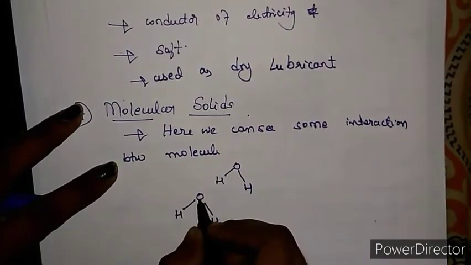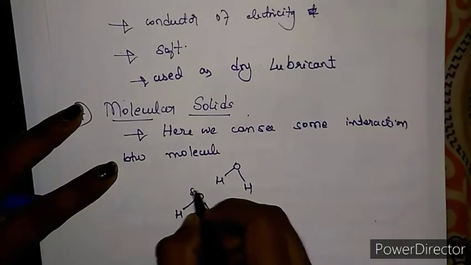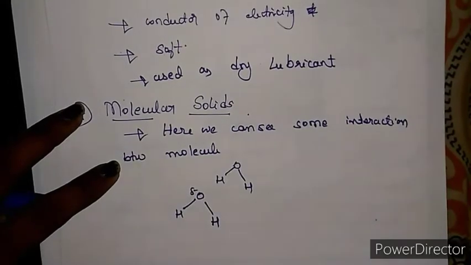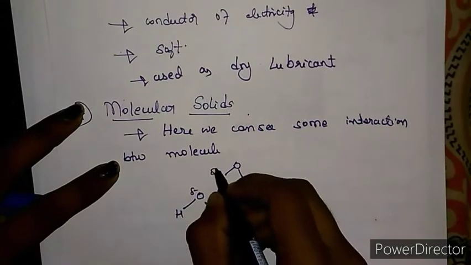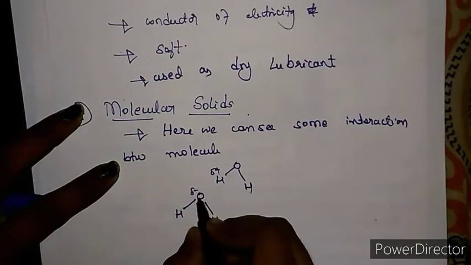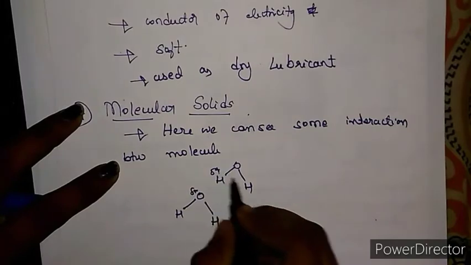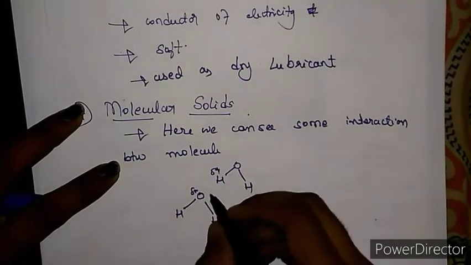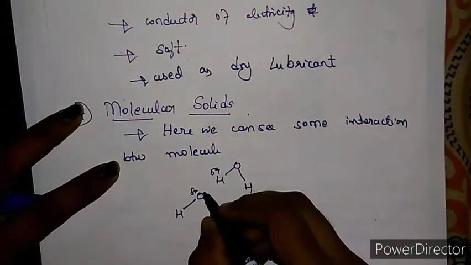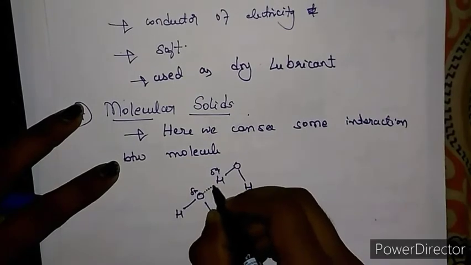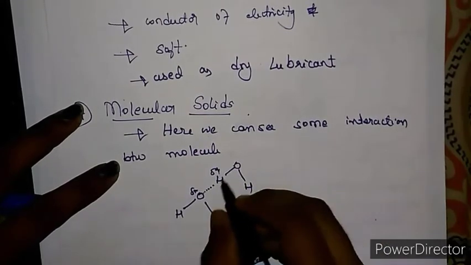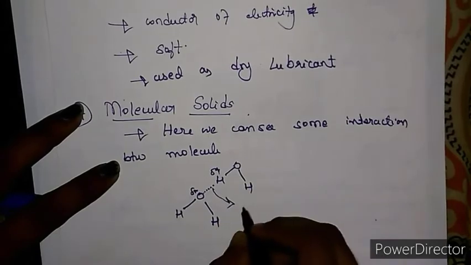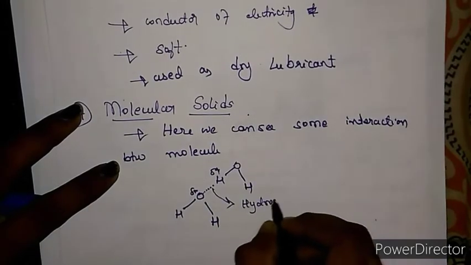Now oxygen is highly electronegative, and H is electropositive. So there will be a generation of slightly negative charge over the oxygen and slightly positive charge over the hydrogen, and there will be an interaction between this oxygen and this hydrogen of another molecule. This type of interaction is known as hydrogen bonding.